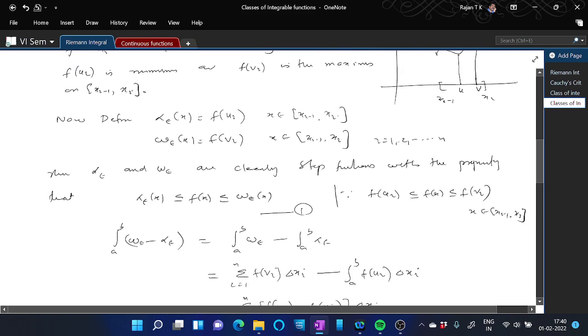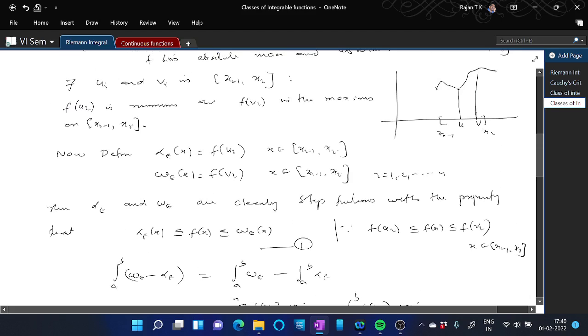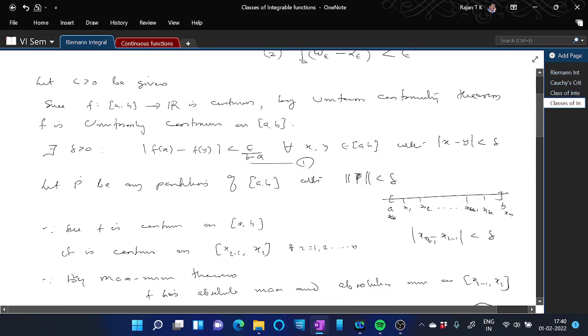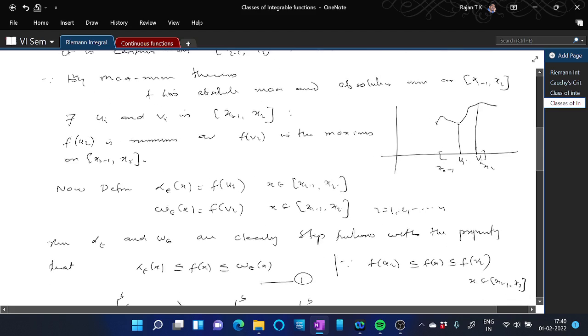Since u_i and v_i belong to the same interval (x_{i-1}, x_i) whose length is less than delta, by (1) we have the modulus of f(u_i) minus f(v_i), or f(v_i) minus f(u_i), is less than epsilon by (b minus a), by the condition of uniform continuity.